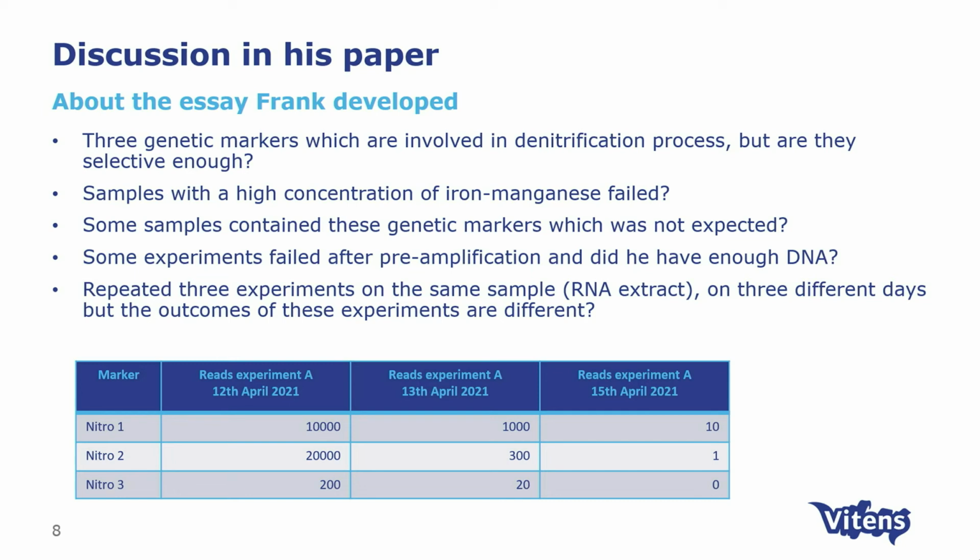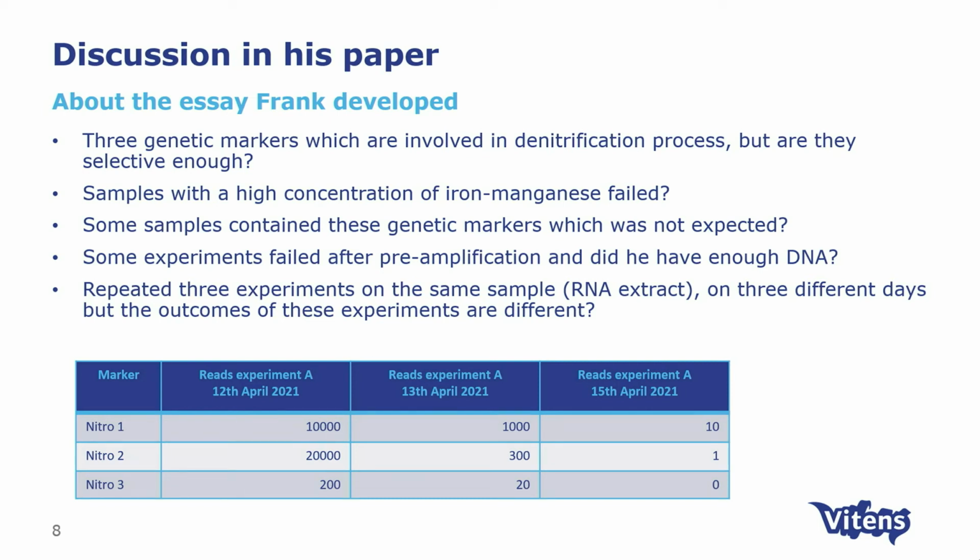On the table, he also showed some results he did not predict. He said, I got those 3 markers, and I did a reproduction experiment. On day 1 he found, for example, at the first marker 10,000 copies, the next day only 1,000, and the third day 10.